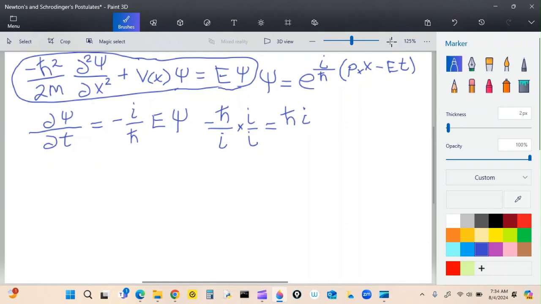And so if I do it this way, let me come up with this approach. I'm going to say h bar i, partial derivative of psi with respect to t, equals e to the psi.